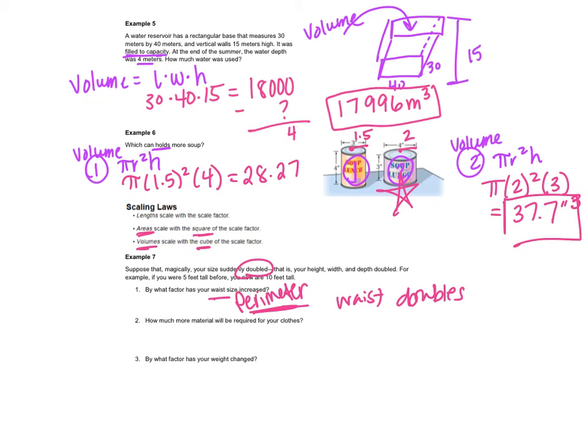All right, now it says, how much more material will be required for your clothes? Well, think about your clothes. They are covering the area of your body. So when we think about our clothes, that's a measurement of an area. So our clothes are going to be double but squared. And it kind of sounds weird, but you think about if I'm doubling something, I'm really multiplying it by a factor of 2.